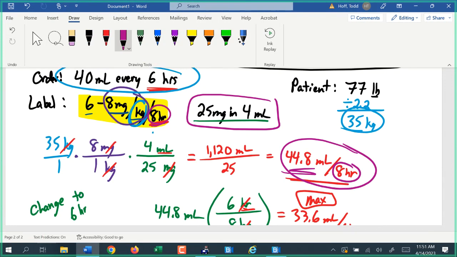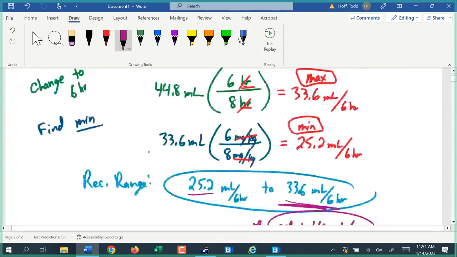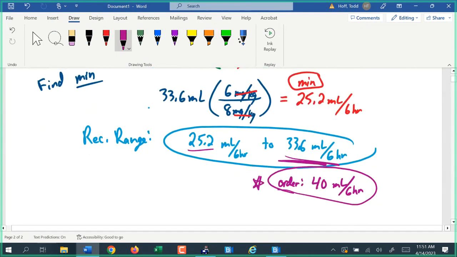If we have to switch to a new bottle because we ran out, that new bottle could have a different concentration. So we have to verify that this is still correct and then adjust if necessary. So I'm not necessarily saying the doctor was wrong here. I'm just saying, given the supply we're using right now, that is outside the recommended ranges.